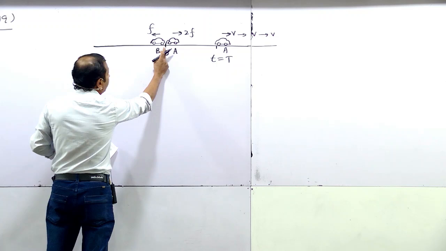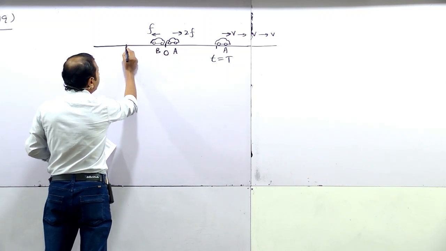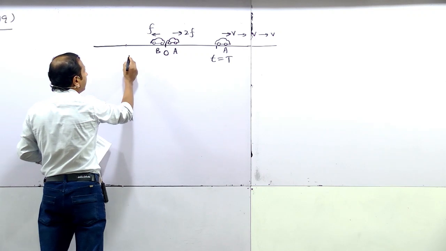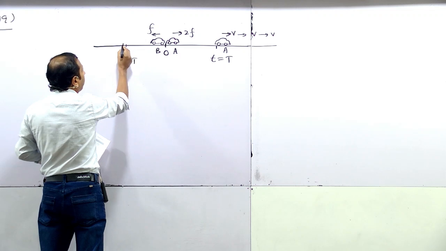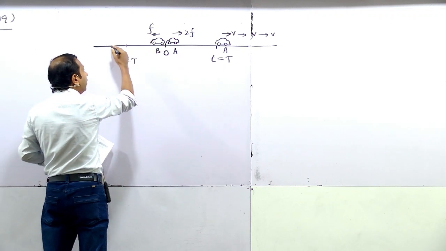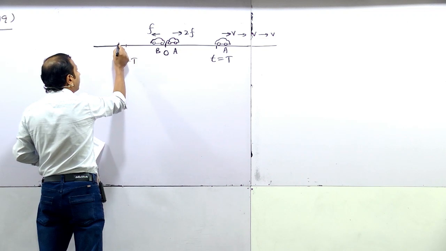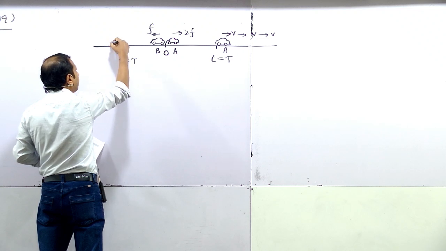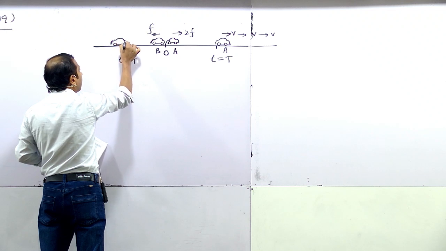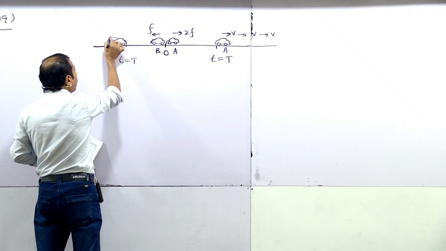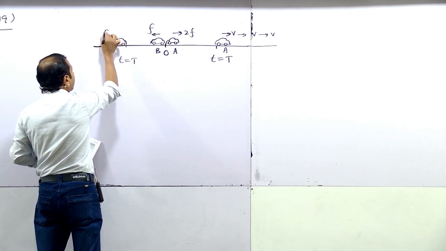Now at the time t, the car B is somewhere here. Suppose at time t equals t, car B is somewhere here because that is also moving with acceleration to the left, this way, right? Car B is here, but it is still moving to the left-hand side with acceleration f.